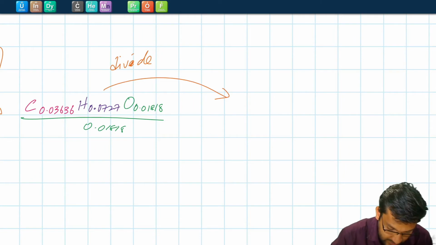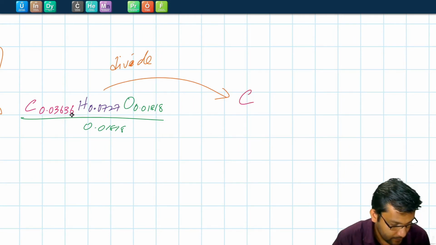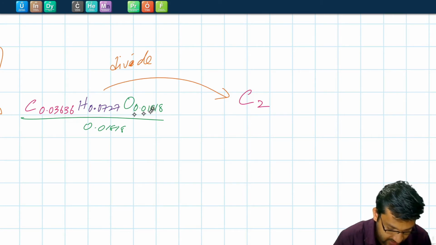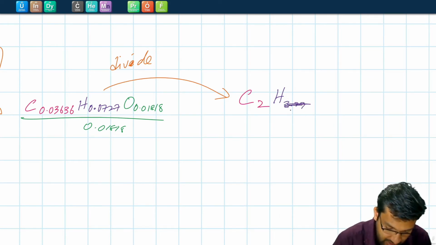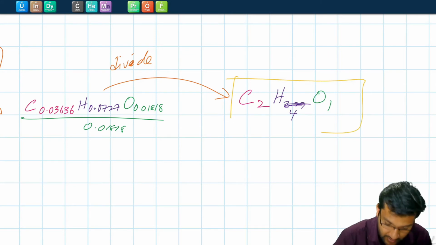So we end up with C2, right? 0.03636 divided by 0.01818 is C2. H comes out to be 3.99. Let's just round that up to 4, and O1. So this is our empirical formula.